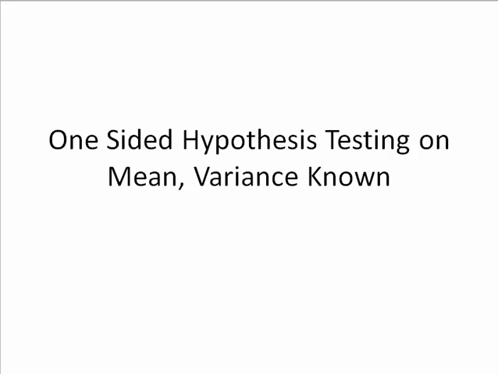In this case, for the one-sided hypothesis test, we're going to look at an example using fictional data on the lifespan of a Boeing 747. So let's say that Boeing reports that the average lifespan of the Boeing 747 is 25 years.